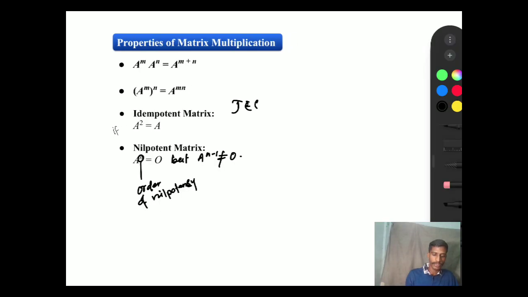This is important for JEE Mains. If A square is equal to A, then we can say that it is an idempotent matrix.